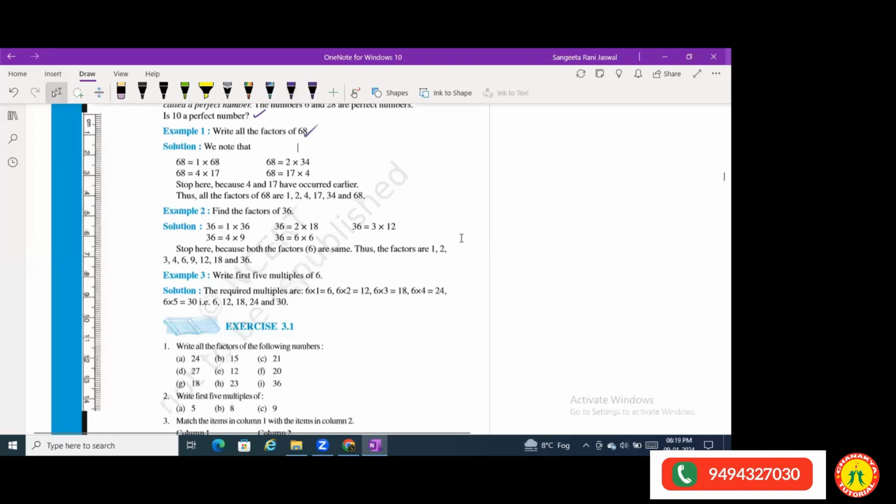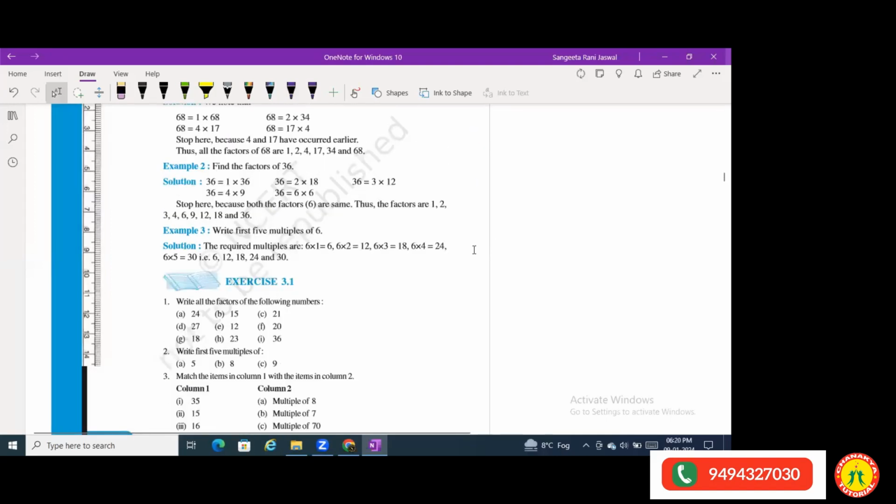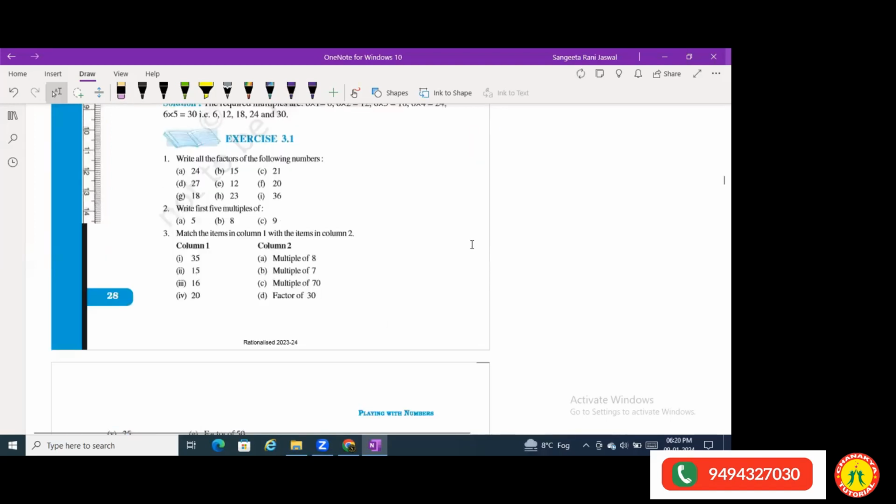Find yourself the factors of 68. Got it?